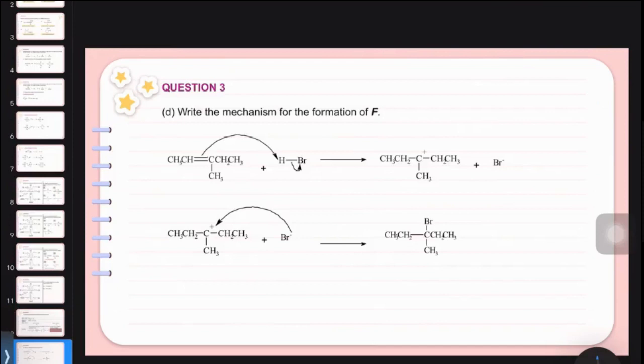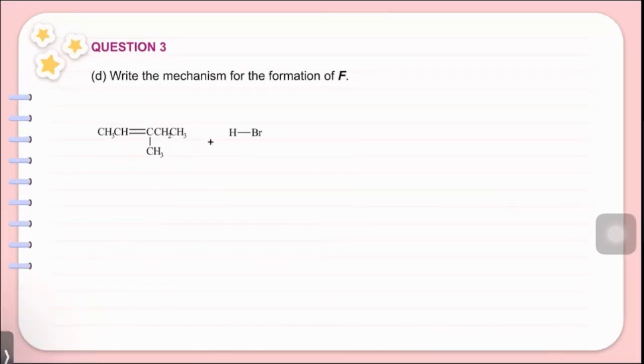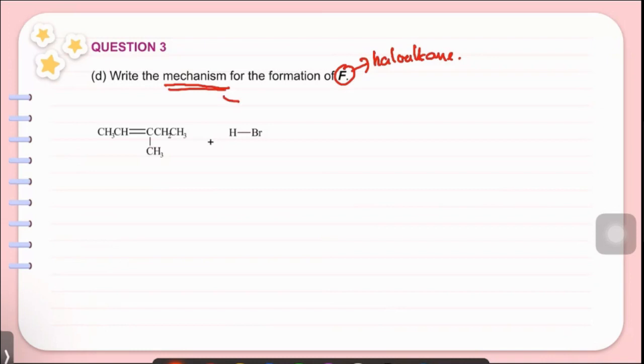So mechanism involved in this formation of haloalkane, F haloalkane, is electrophilic addition.